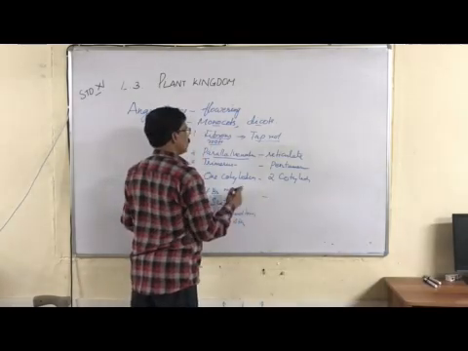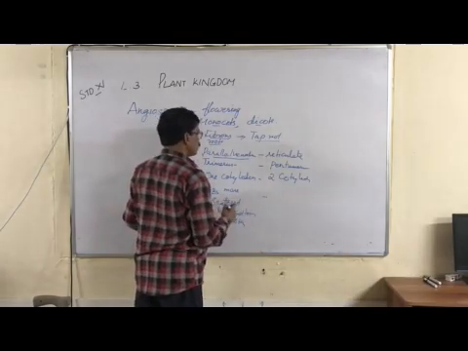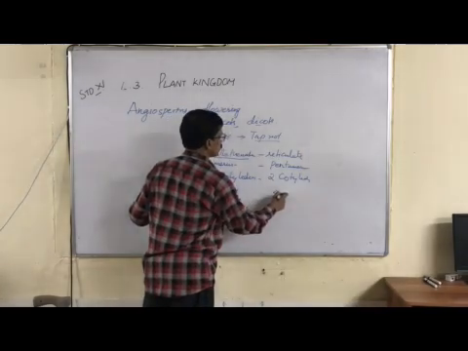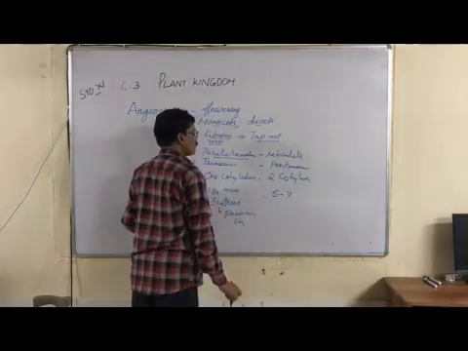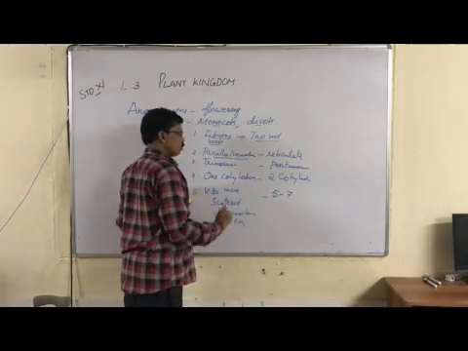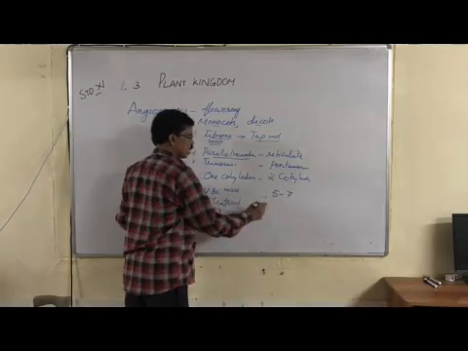In the case of dicot plants, vascular bundles are limited in number, 5, 6 or 7.